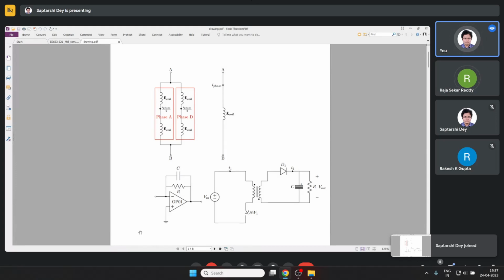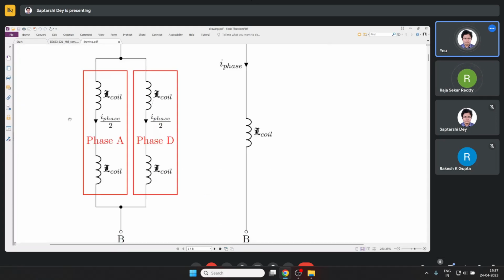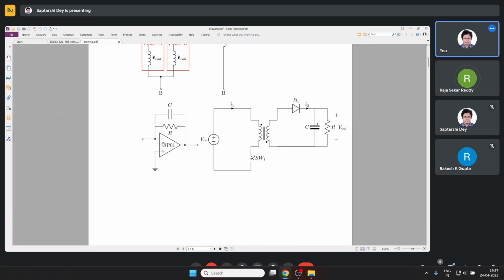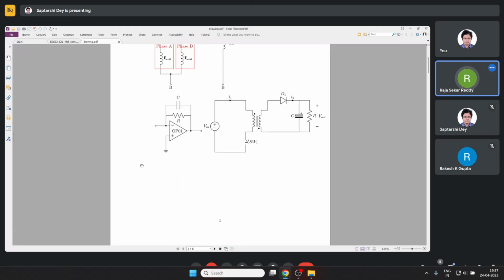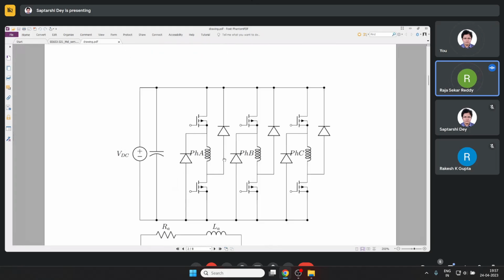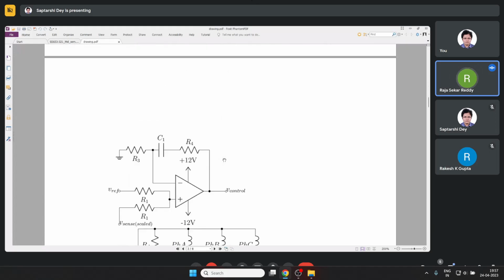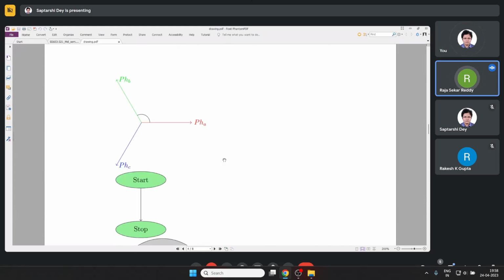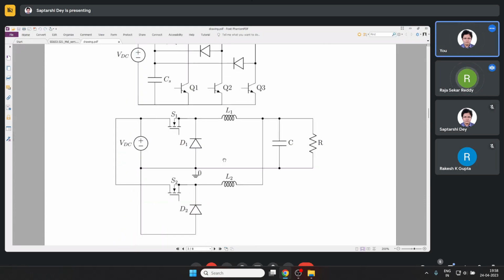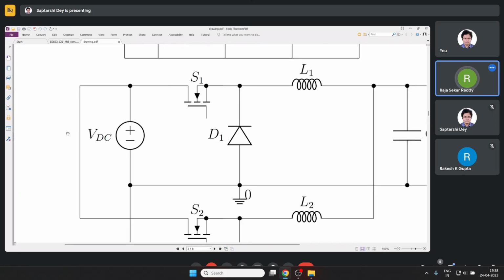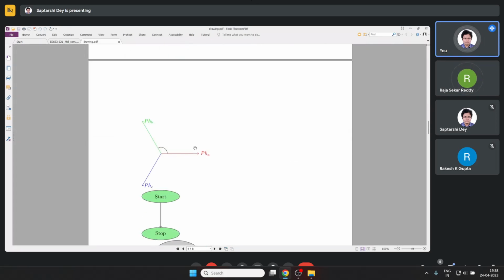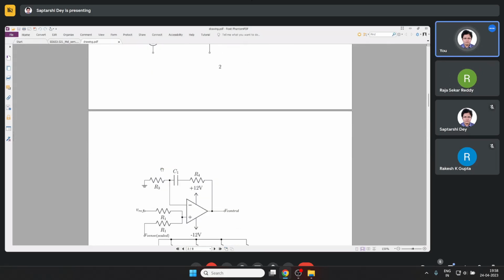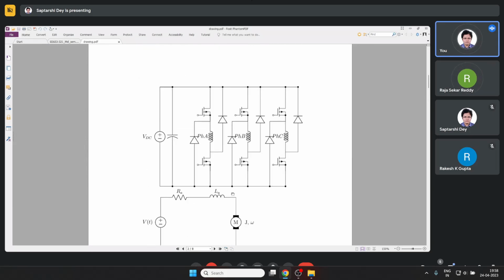See, these diagrams are all made using LaTeX by writing code. These circuit diagrams, these connections, everything we can write in code itself. Yes, it looks very professional. The next things I cannot show you, they are my PhD works, not published.